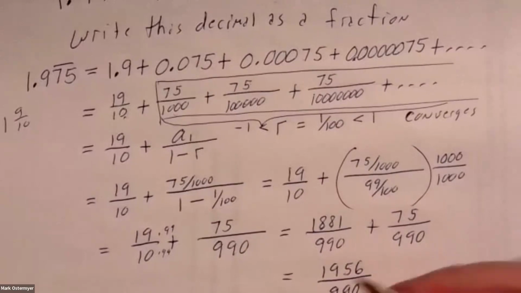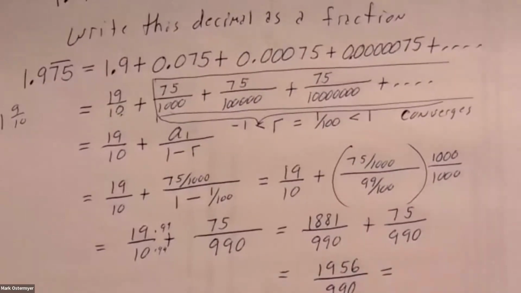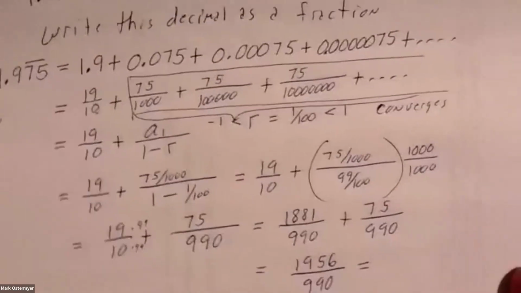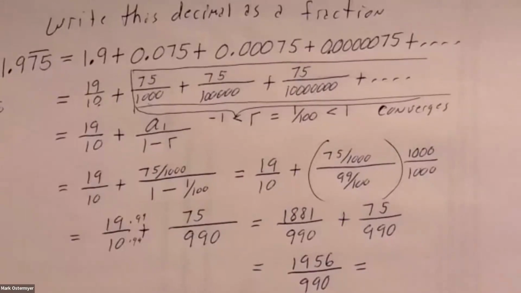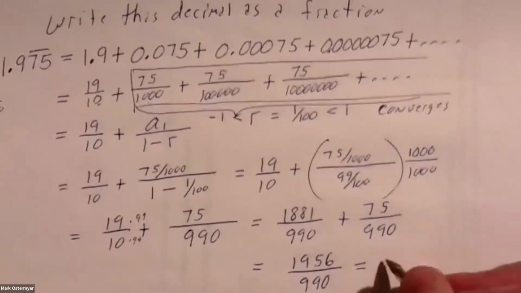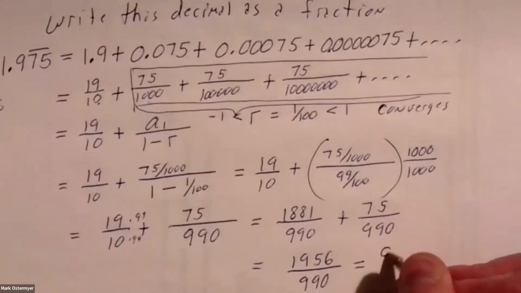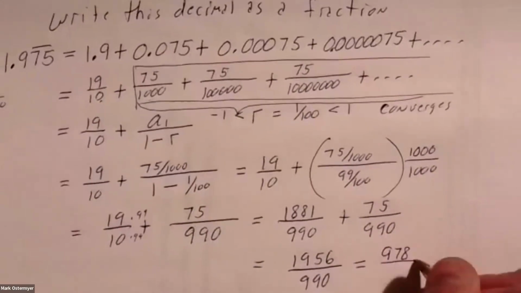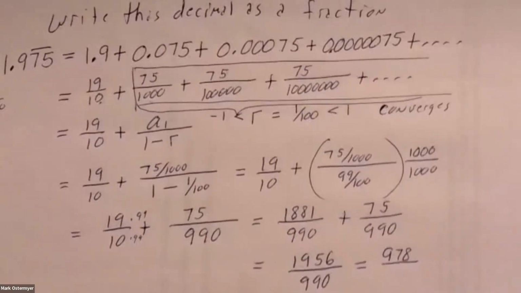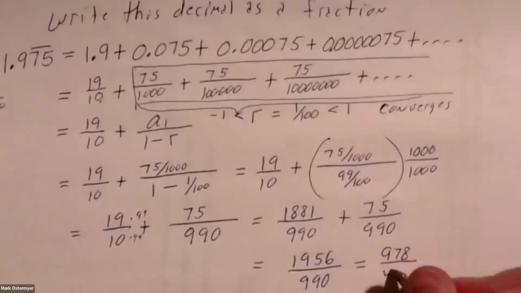And can this be reduced? Well, let's see. It can be reduced by 2. Dividing by 2 gives you 978 over 495.